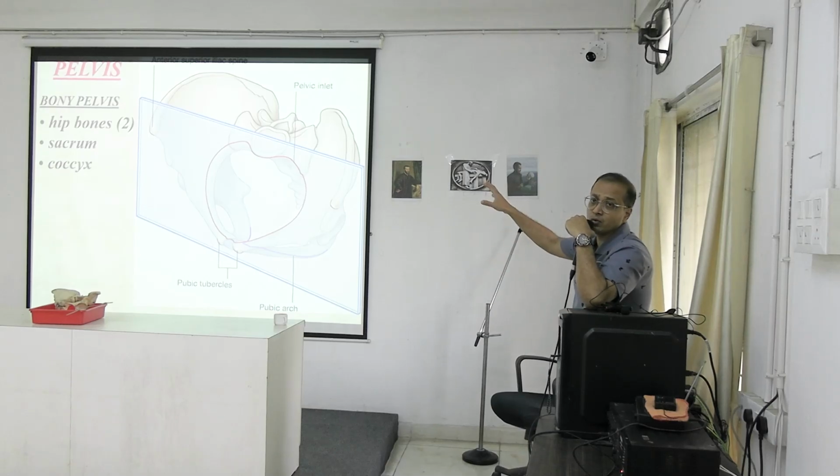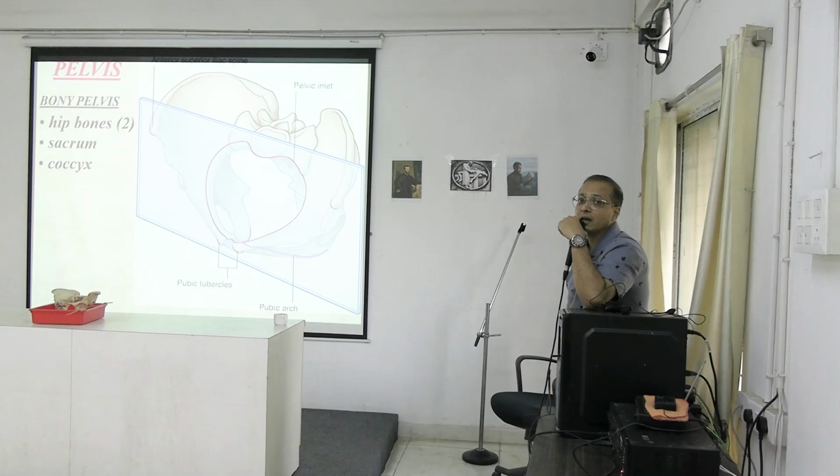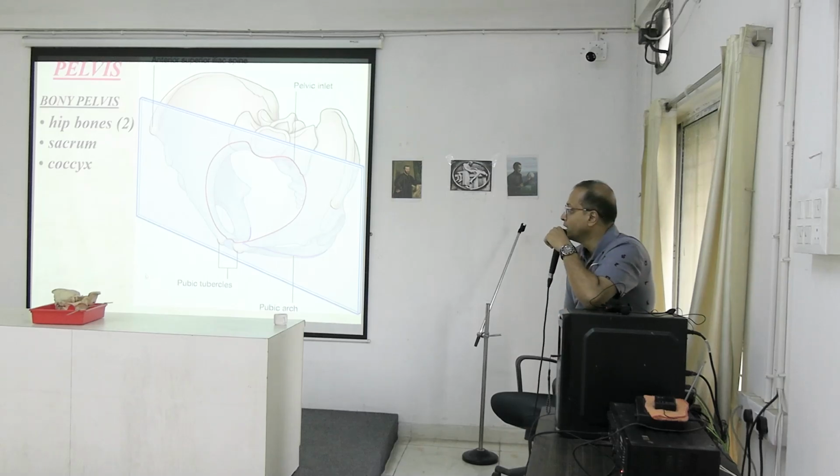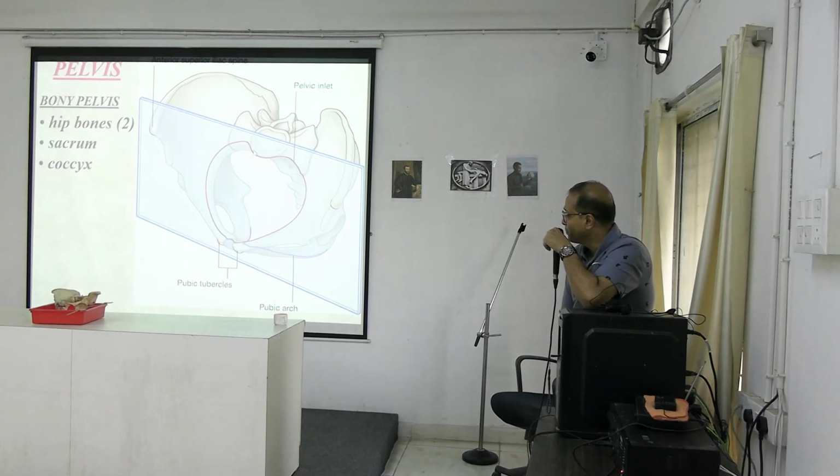Now this articulated pelvis, as you are seeing here, has an imaginary line denoted by this red mark. That red mark we call the pelvic brim. This pelvic brim is this round ring that you're seeing here, a circular or oval structure, posteriorly indented.